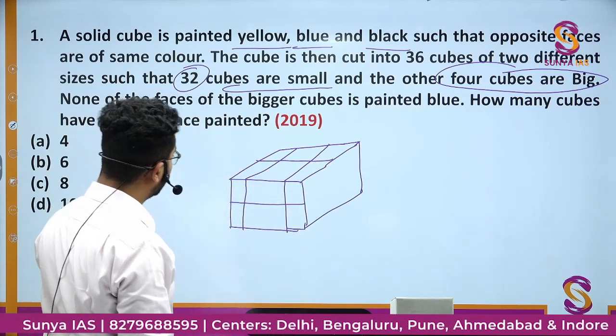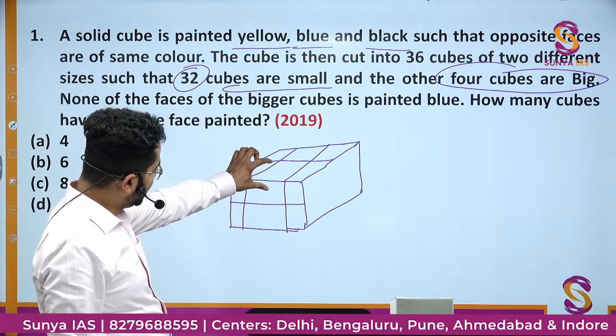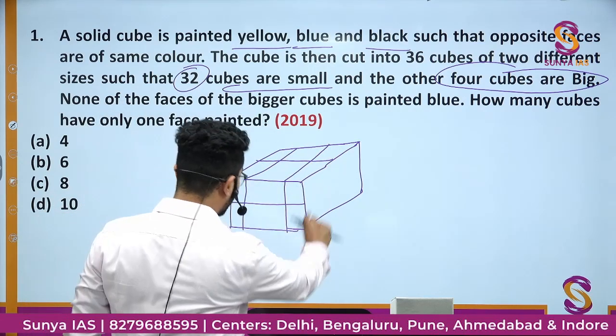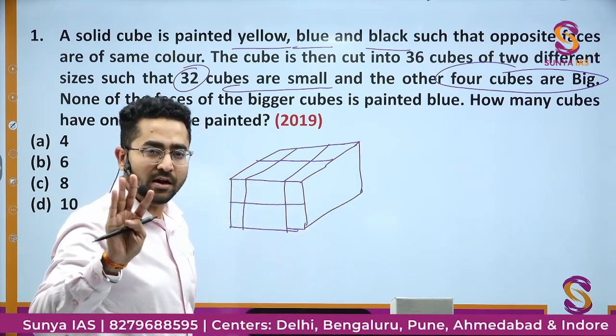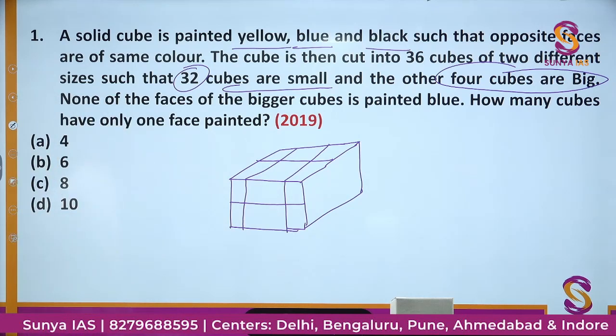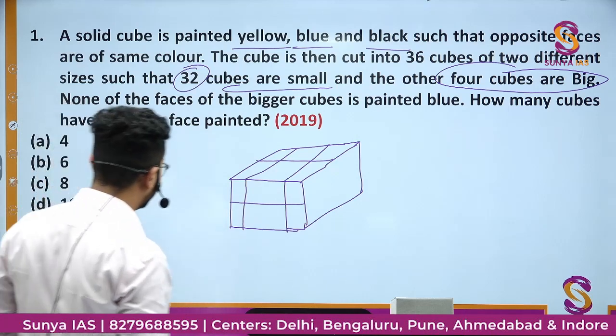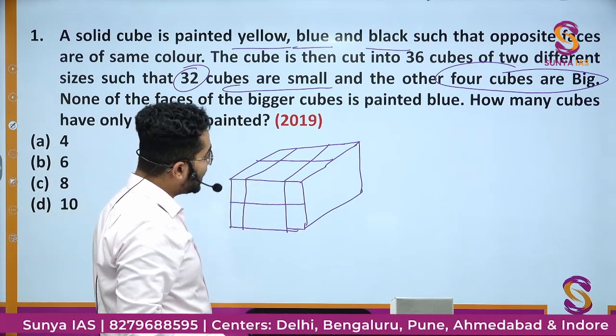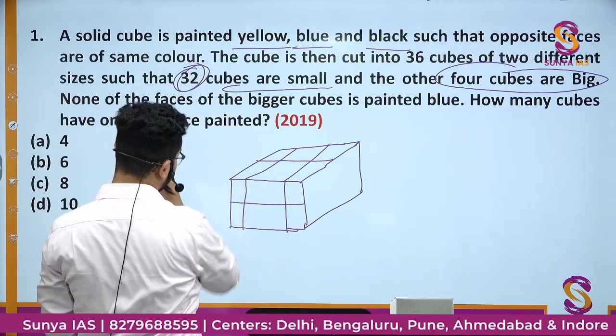Like this. This is one big cube, this is one big cube, bottom 1, here 1. There will be a total of 4 big cubes. Any problem? No. Now there are a total of 32 small cubes.